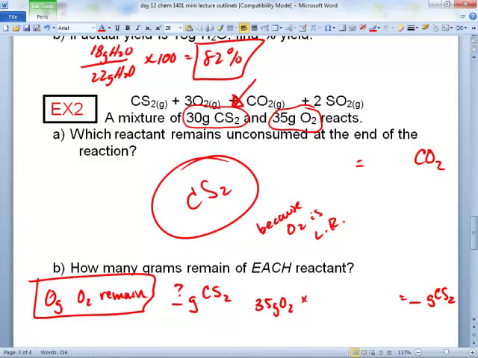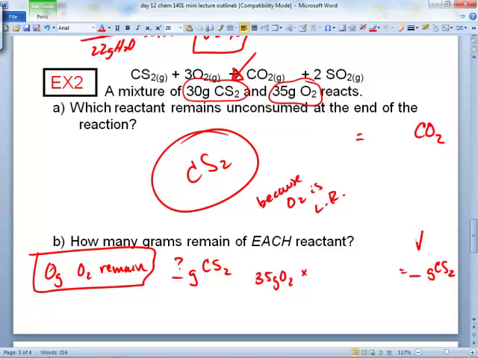Right? Did anyone get an answer for grams of carbon disulfide? About 27.8 or so. Depends on your rounding it. You know, 27.8, 27.7, really close to that. And then they want the amount that remains, so because that's the amount that reacted.